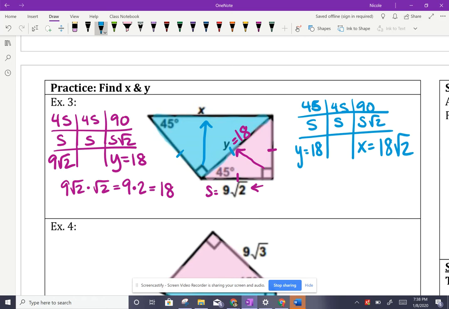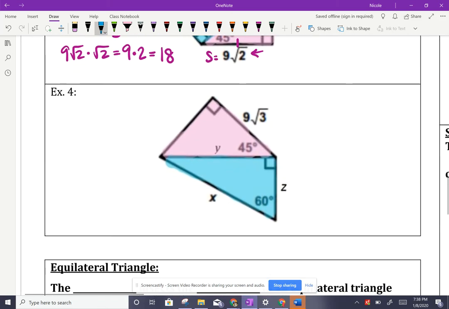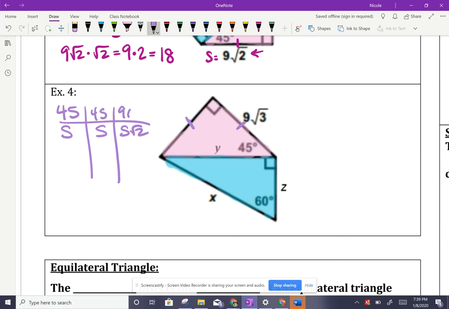Let's look at another similar idea. I have a 45, 45, 90, and a 30, 60, 90. So a little bit more challenging. For my 45, 45, 90, I have S root 2. The piece of information given to me is an S, and it says 9 root 3.